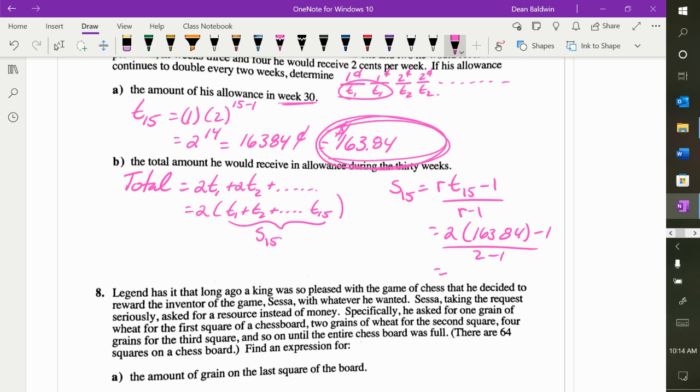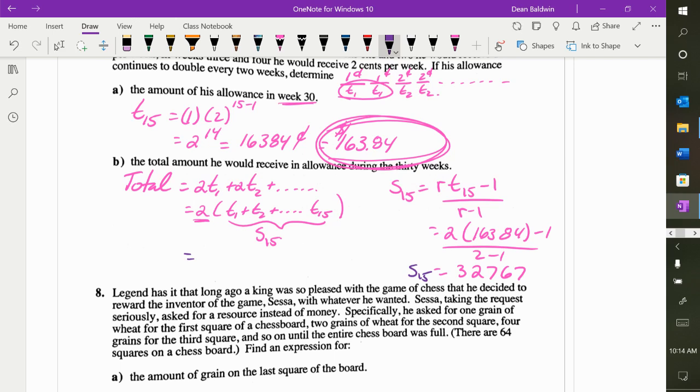Well, okay. If you do this bit, you'll get 32767. But what do you have to remember to do? Multiply it by 2, because that's just the sum of the first 15. So that's S15, and we have to multiply it by 2.